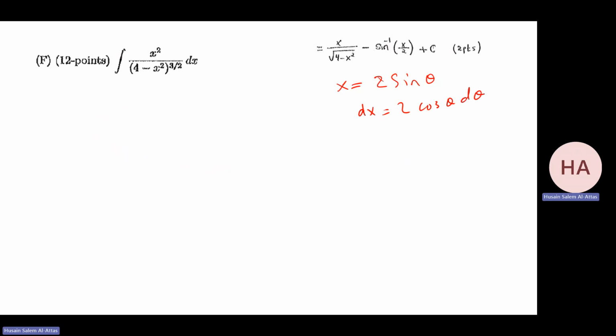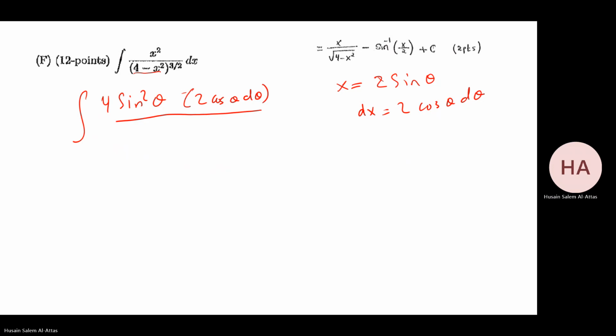Plug in the numbers, see what will happen. x squared will be 4 sine squared. dx is 2 cosine theta d theta over, if I plug 2 sine theta here, I have what? 4 minus 4 sine squared, which is 4 cosine squared, I mean. So I have 4.